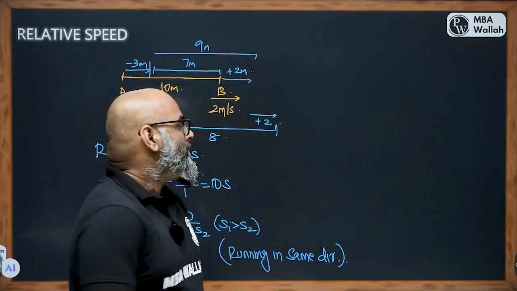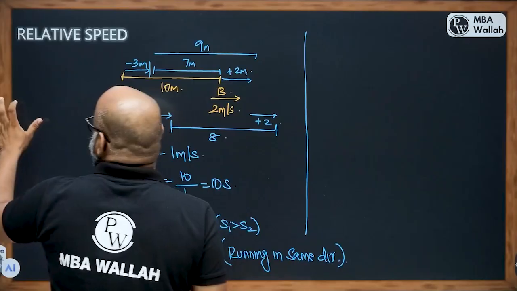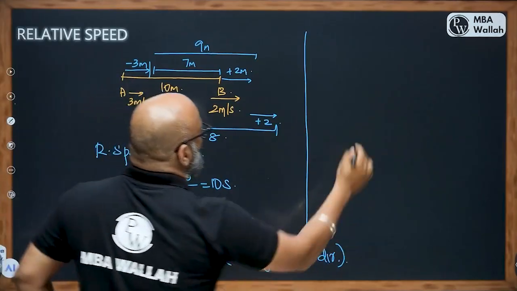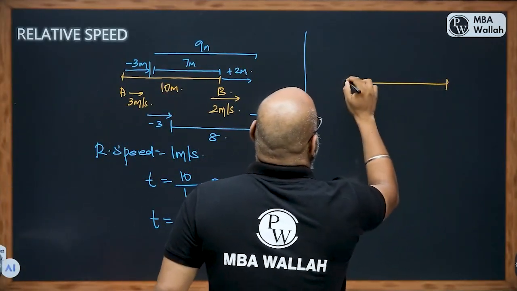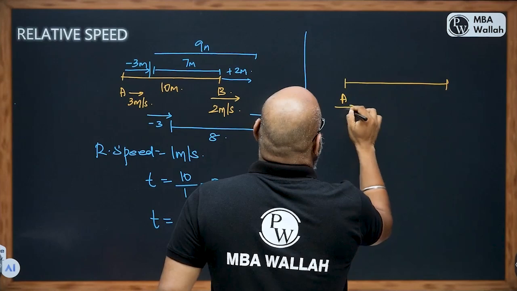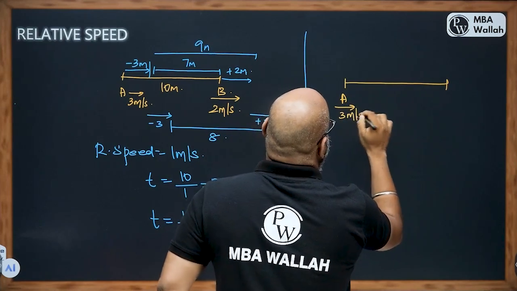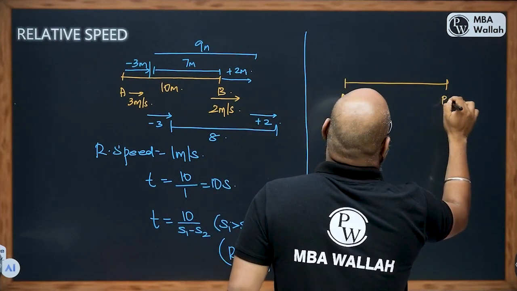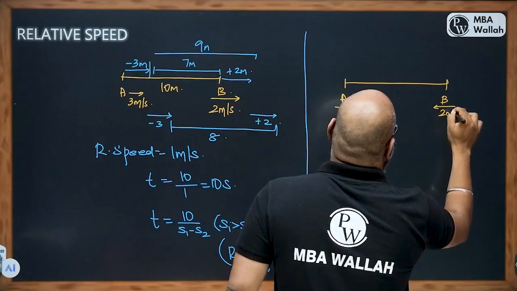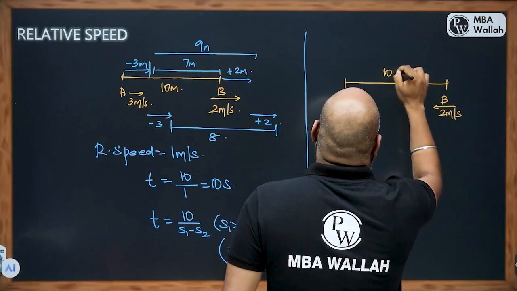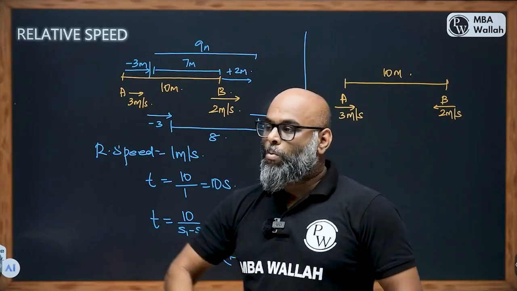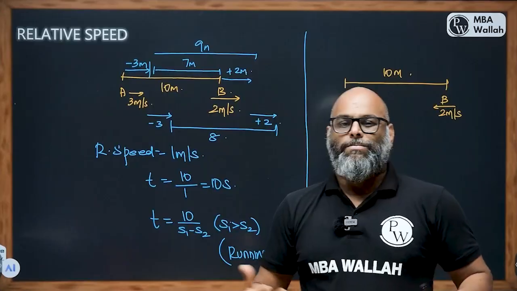What would be the other case then? If I say same scenario, A running at 3 meters per second and then B running at 2 meters per second. Distance between them is 10 meters. Then what would be the time taken? Simple.